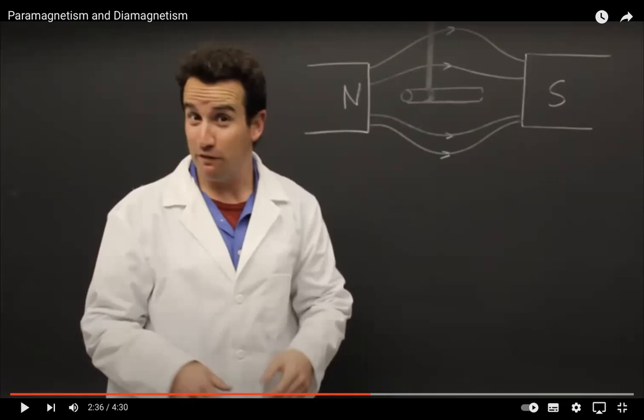I repeat, when you suspend a material freely in the air, and if it gets aligned in the direction of the external magnetic field, then that material is either a paramagnetic or a ferromagnetic substance. Whereas, if the material aligns itself perpendicular to the magnetic field, then it is called a diamagnetic substance.